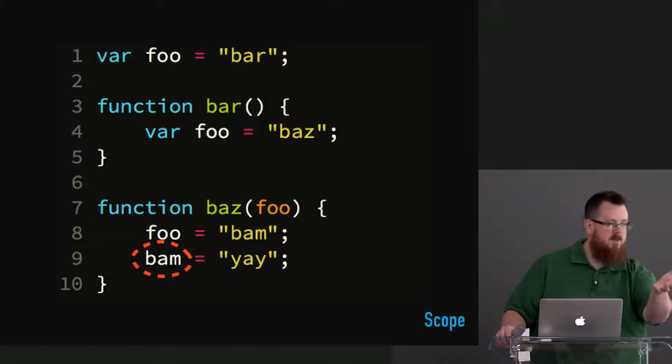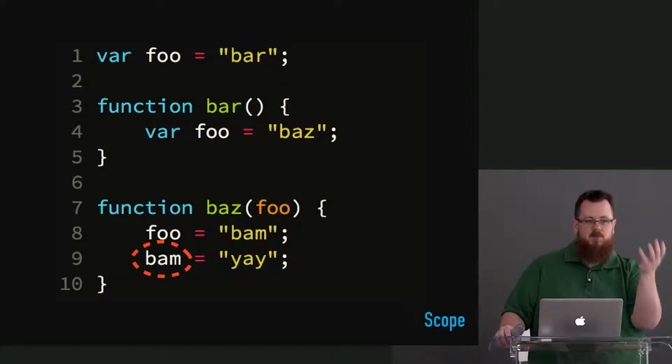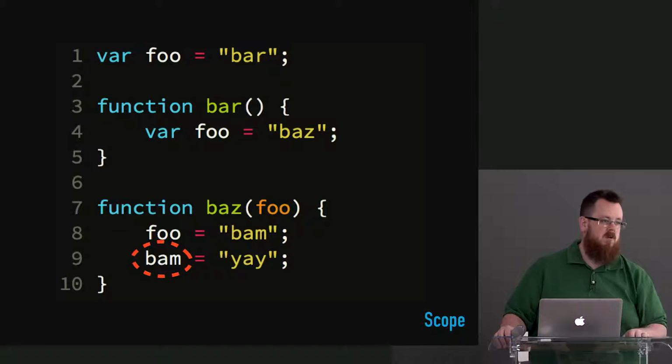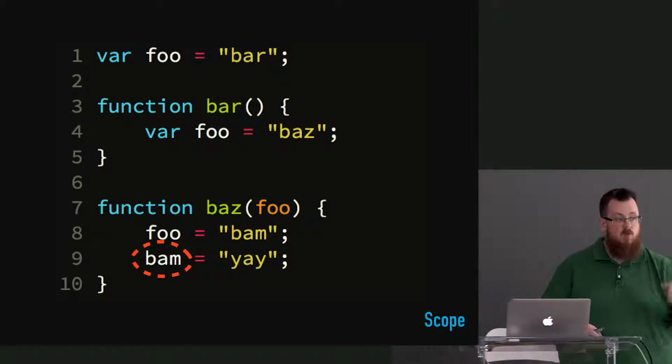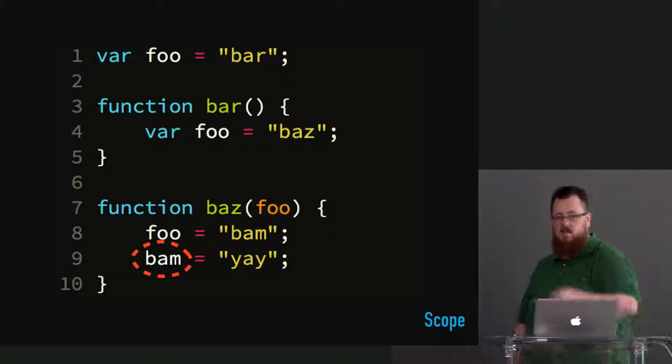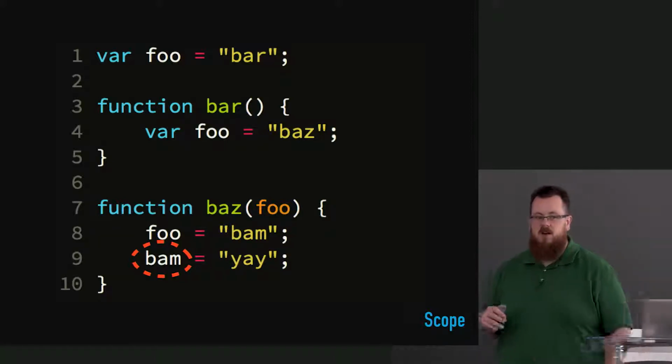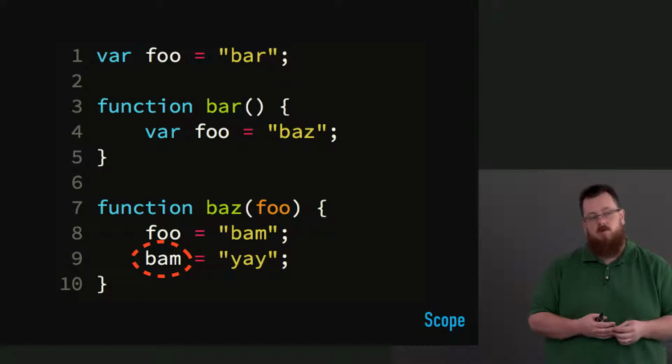Aren't I helpful? What? It just implicitly created a global at runtime because it couldn't find one formally declared. So now we have a global variable called BAM. We have a red marble called BAM that we get handed back. And when we make the assignment on line 9, we are assigning to a global variable called BAM.